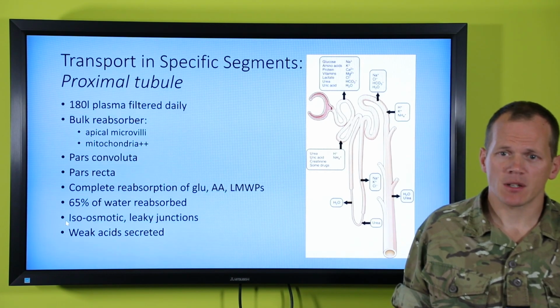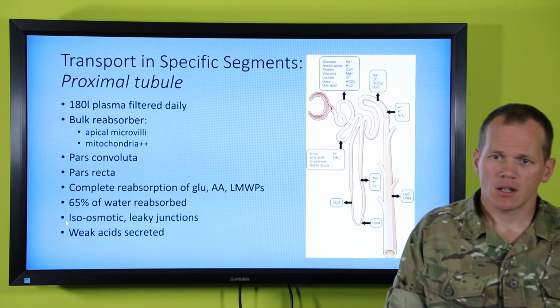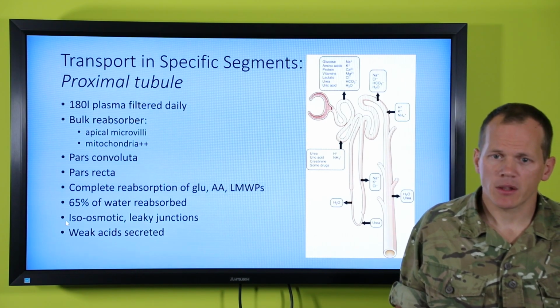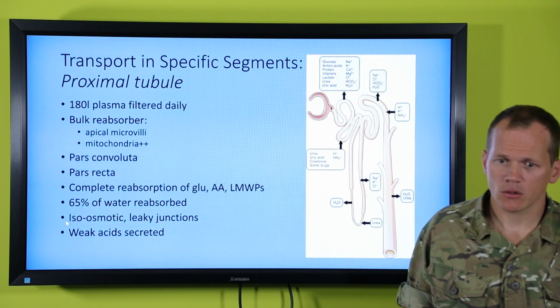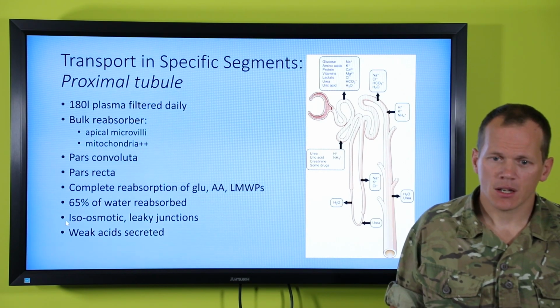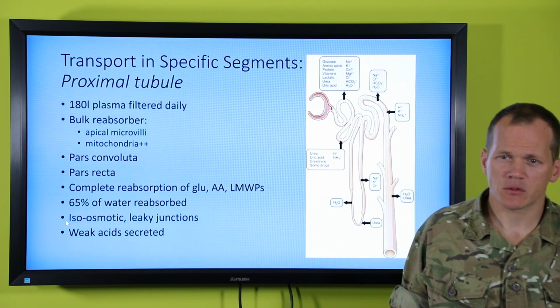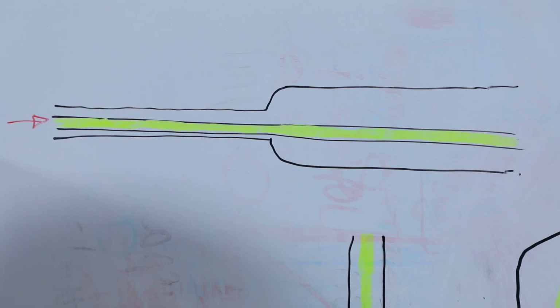And about 65% of that filtered water is put back into the plasma space by the proximal tubule. It's isoosmotic, so there's not a lot of active pushing against gradients going on here. It has leaky junctions, which allows water to pass with everything. And it also has an ability to get rid of some weak acids, like ammonia and things that you don't really want.